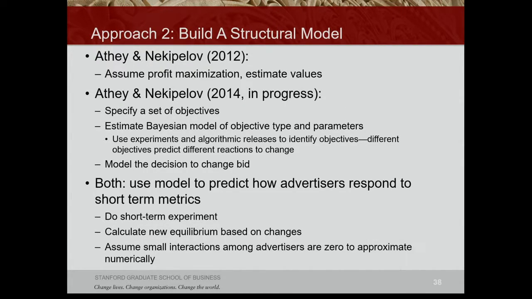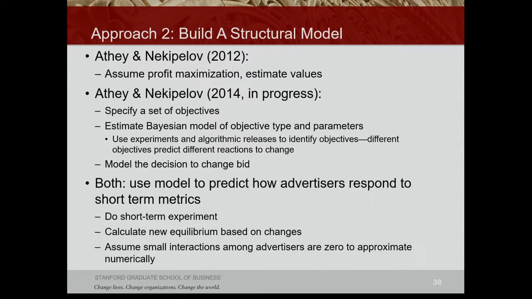The last approach, which I won't have time to show you the details of, is joint with Denis Nekipelov. The standard econometric approach would be to actually assume profit maximization. In our recent work, we specify a set of objectives and we estimate a Bayesian model where we estimate the actual preferences of the advertisers.